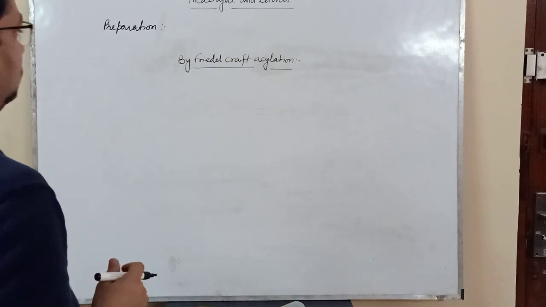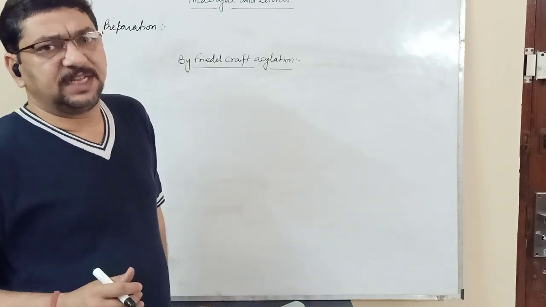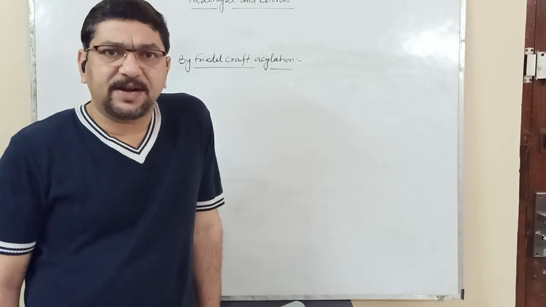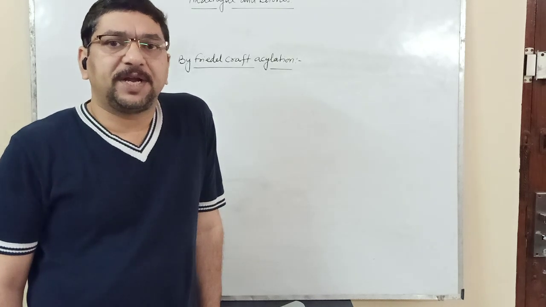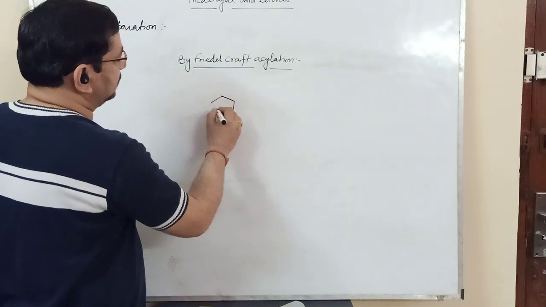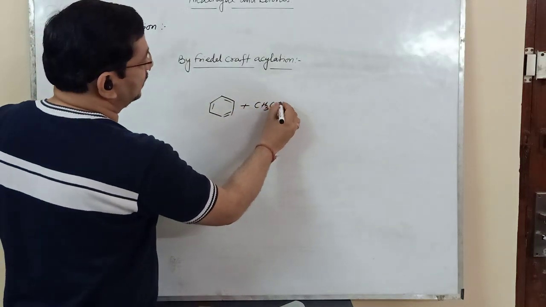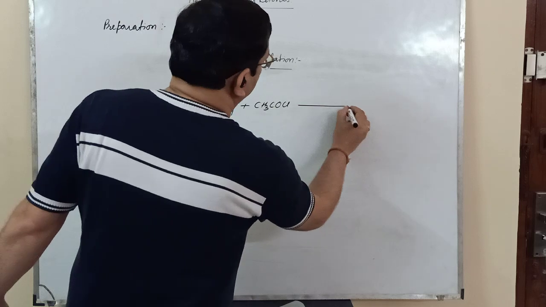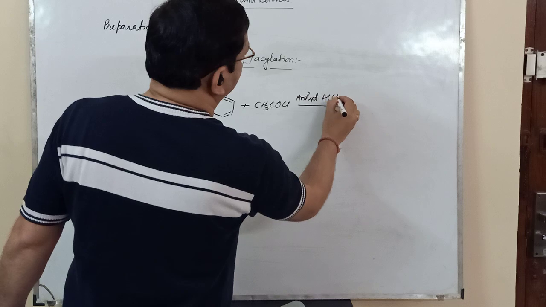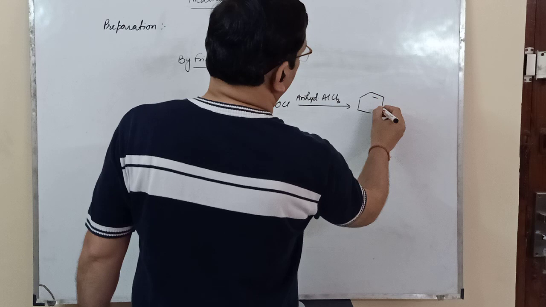Now the next method, by Friedel-Crafts acylation. In Friedel-Crafts acylation, the aromatic compound when treated with acid chloride in presence of anhydrous AlCl3 gives aromatic ketones. For example, when benzene is treated with CH3COCl in presence of anhydrous AlCl3, then we obtain acetophenone.